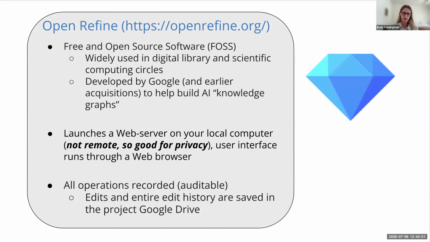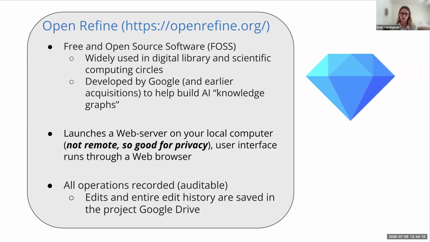So OpenRefine, for anyone who hasn't used it, is an amazing free open source software for cleaning, transforming, and enriching messy data. And a few things make it well suited for this specific kind of migration work. It lets you get really granular with the data that you're looking at. You can facet and filter down to the exact rows that you want to address.